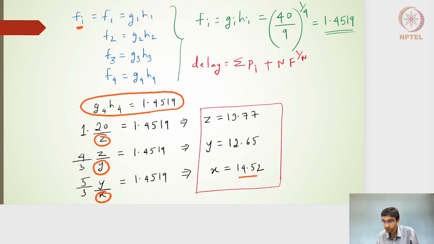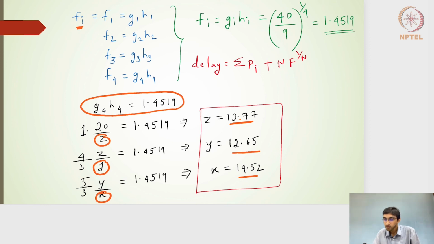So it turns out to be 14.52, 12.65, 13.77, which will give us the summation of the GiHi plus the 6 value, which is coming from the normalized parasitic delay, to be minimum.